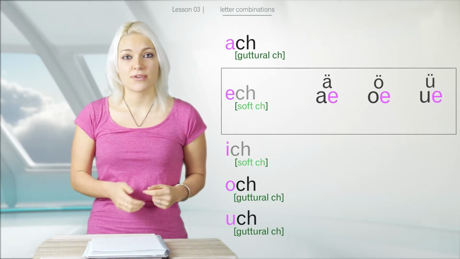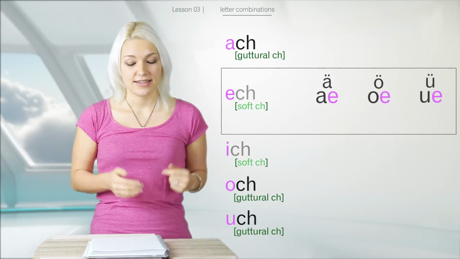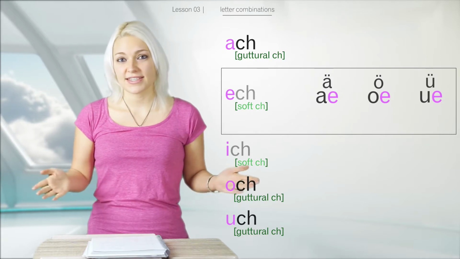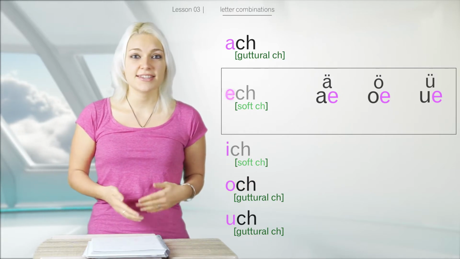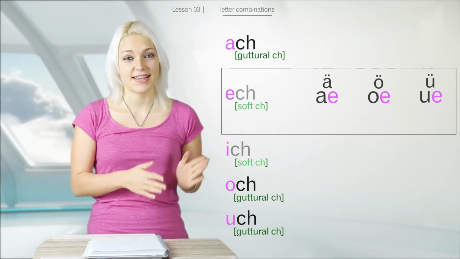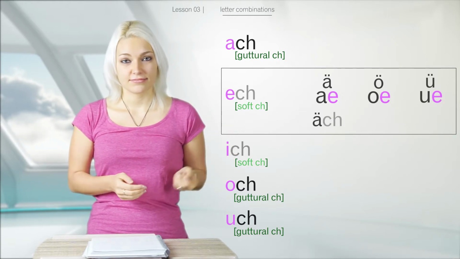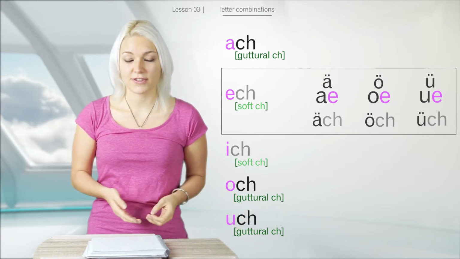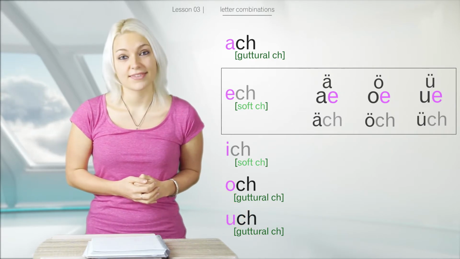And because there is this E, the CH that follows has to be soft, because we just established the rule: after E, CH is soft. So after those, äch, öch, üch. Very soft and not in the throat.